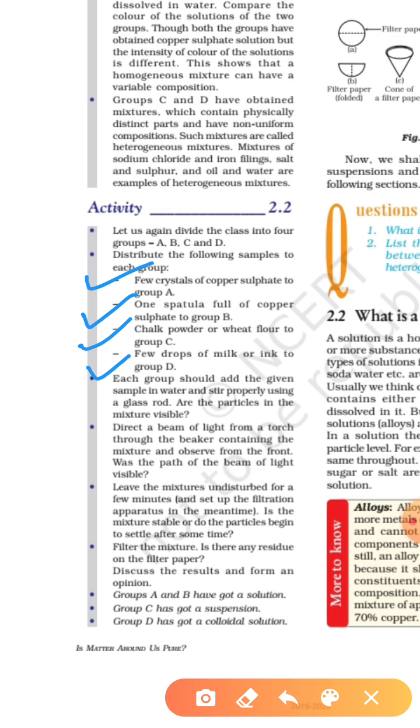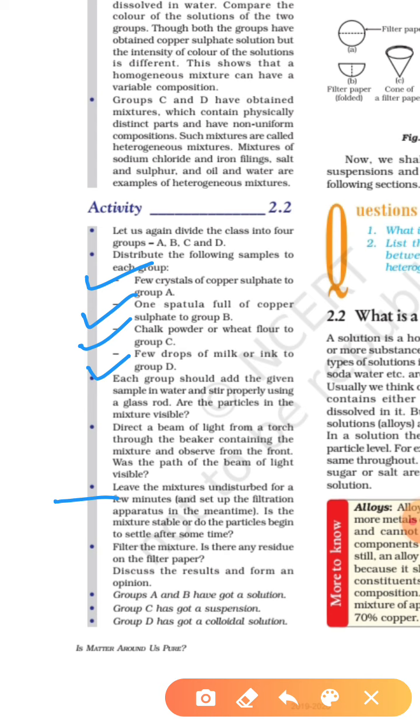Now in the next step it is written to leave the mixture undisturbed for a few minutes so that it settles down, and to set up the filtration apparatus which is given in your textbook. We'll discuss that later. So leave the mixture undisturbed for some time. Is the mixture stable, or do the particles begin to settle after some time?